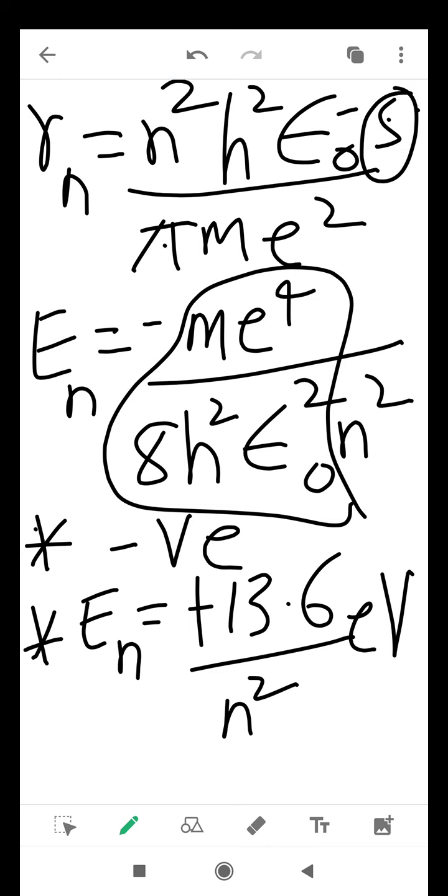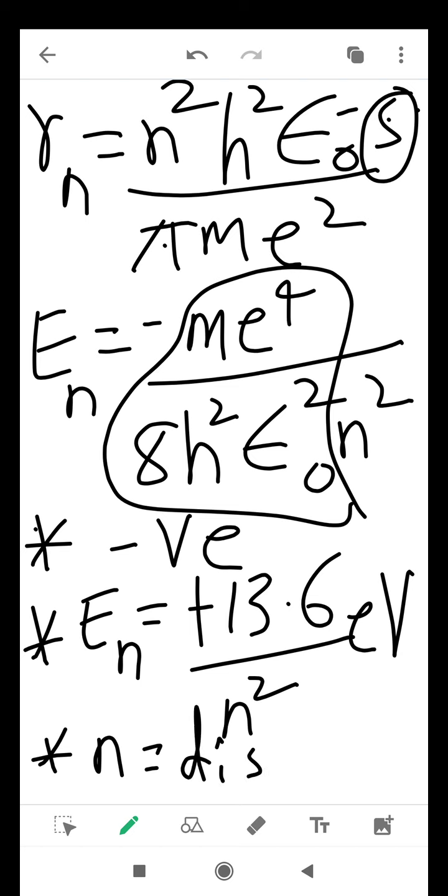So now we are getting the energy as negative. It means it is a bound system, or otherwise, as I mentioned earlier, an attractive system. So here n has discrete values.